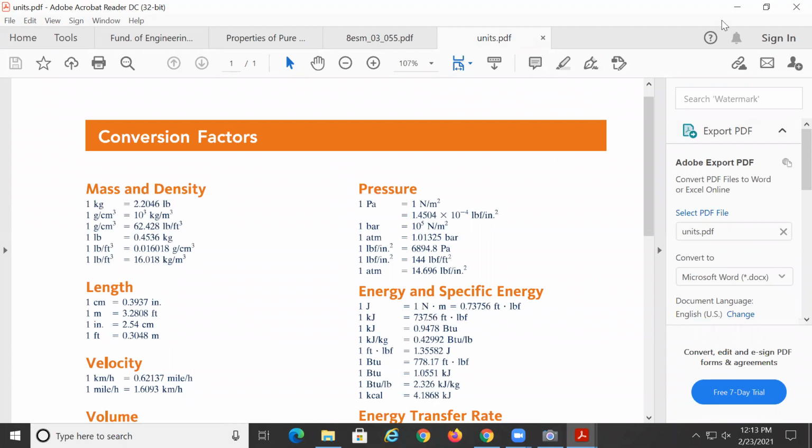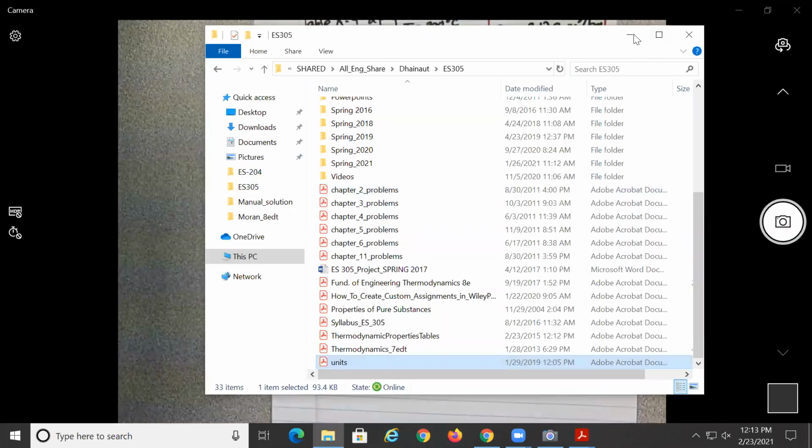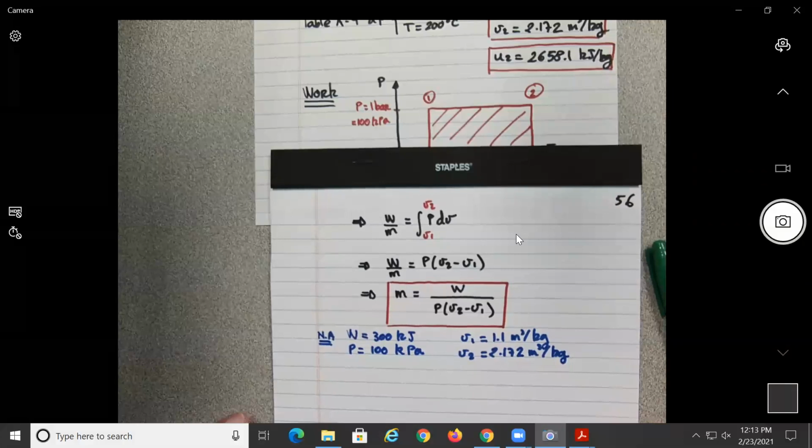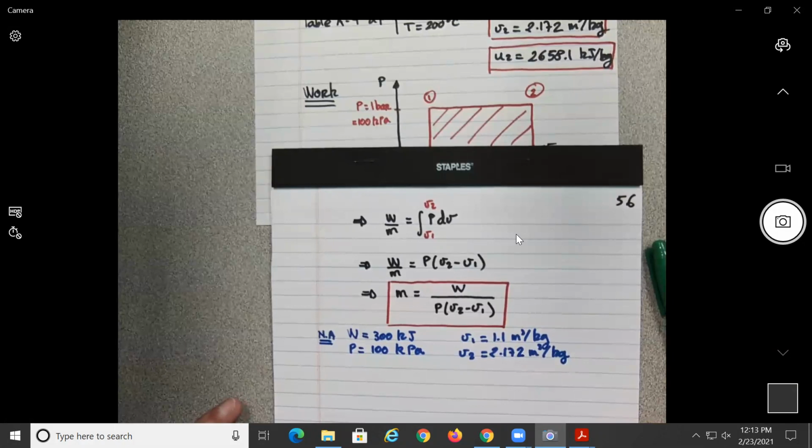Okay, so what should we do here to units? This is kilopascal, so I don't think we need to do anything, no?